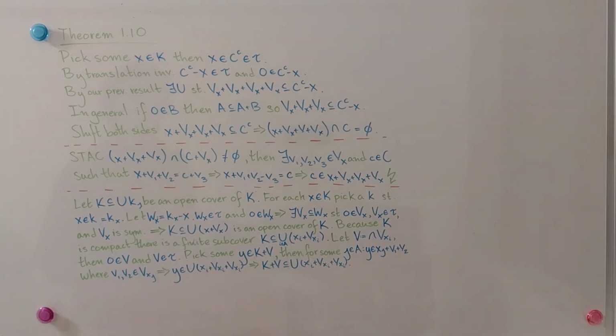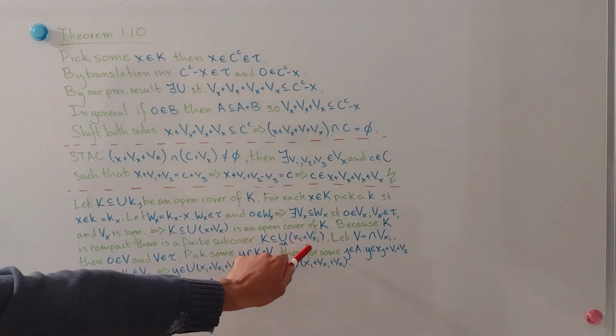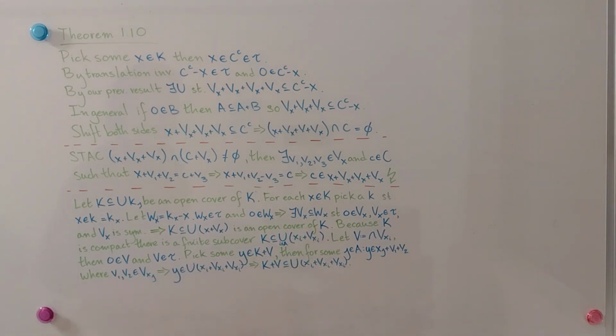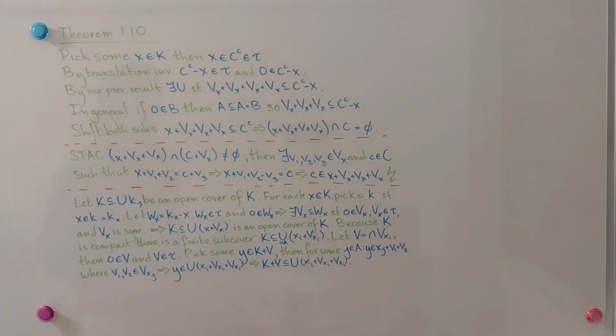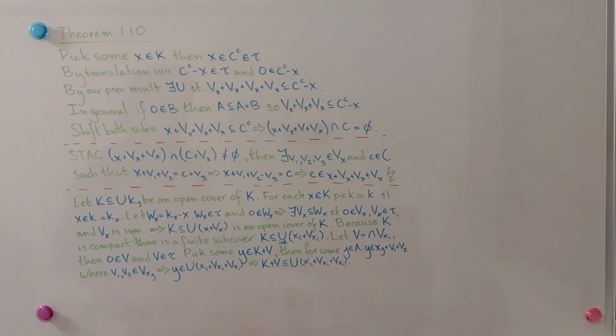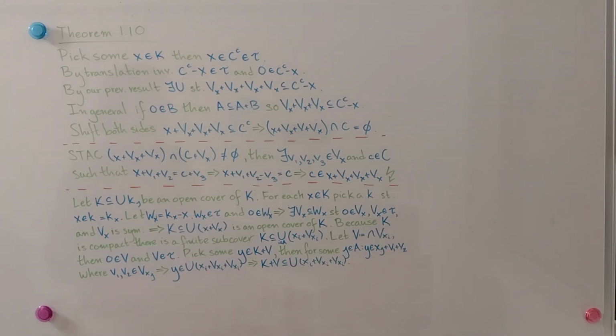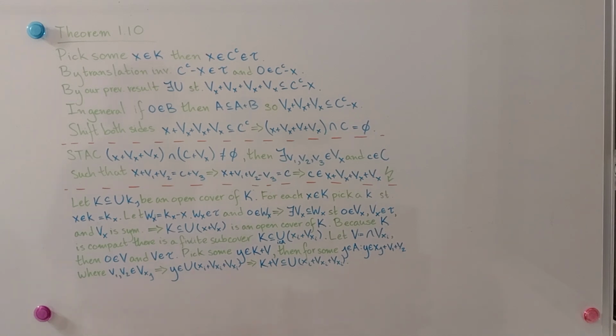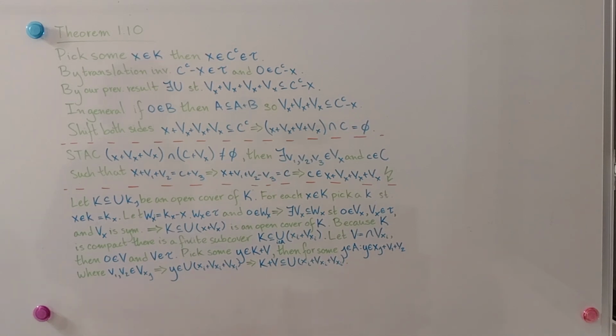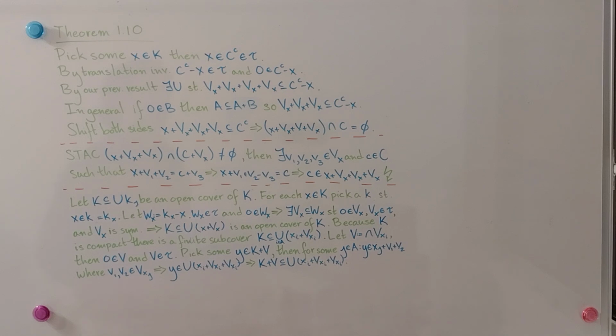And the reason why it's important for K to be compact is because we can then get a finite number of V sub x's. And the reason why we want a finite number is that when we define V here, we want a finite intersection of these open sets, right? Because we're only closed under a finite number of intersections of open sets, right?